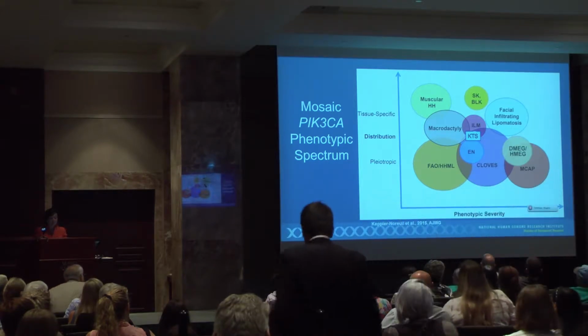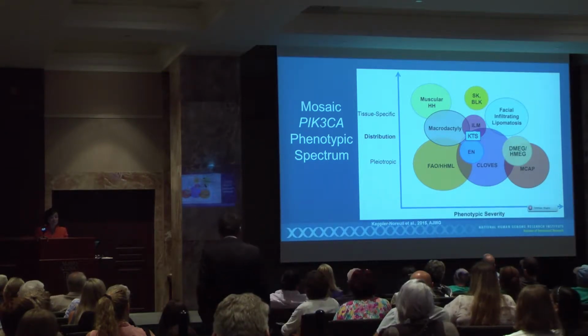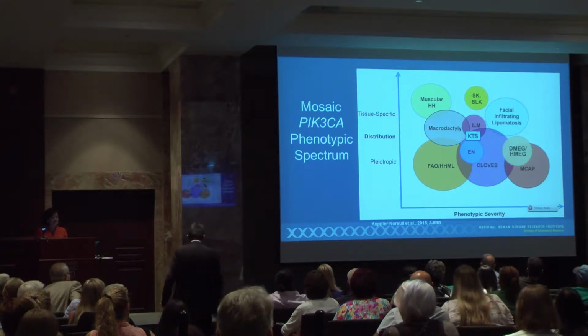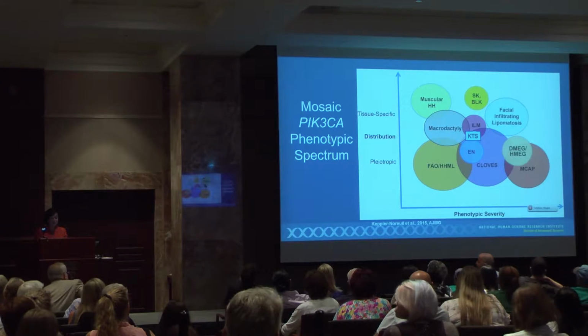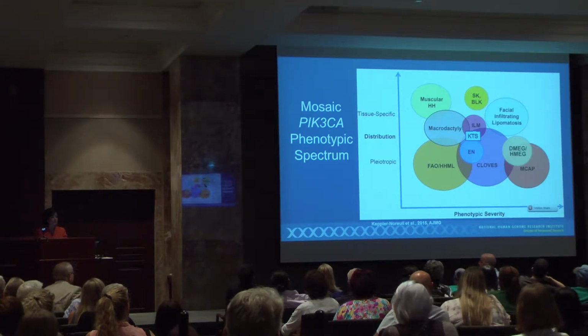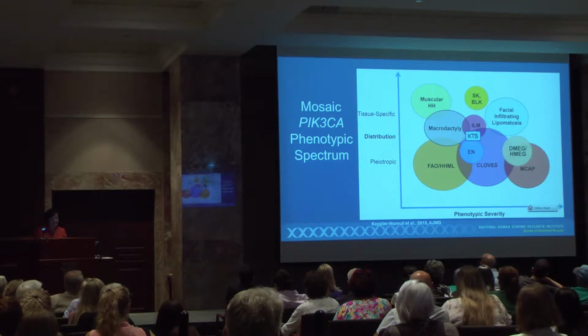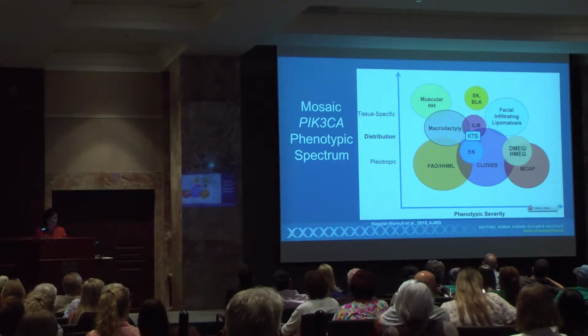But it shows that they're distinguished in a way by their tissue specificity, or there are people who have isolated muscular hemihypertrophy or enlarged finger or toe, macrodactyly, or ILM, which stands for isolated lymphatic malformation, as well as isolated skin findings, that SK and BLK are keratoses.